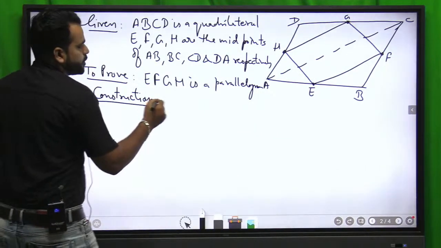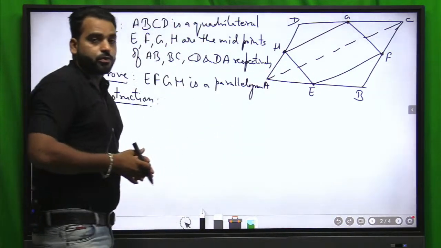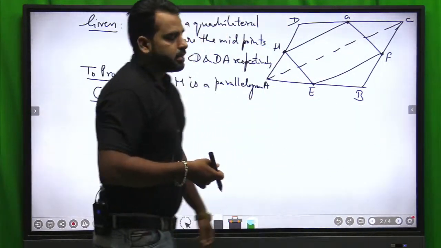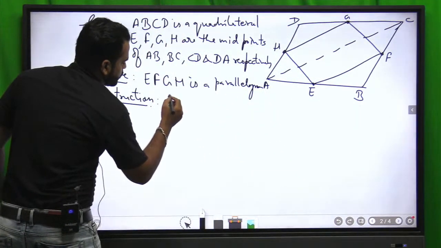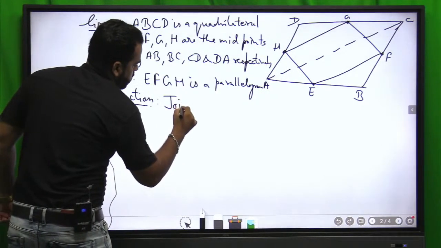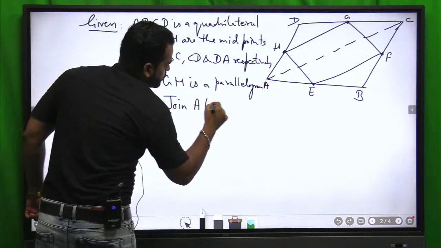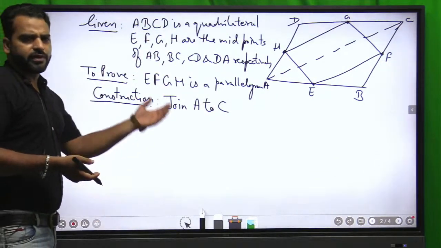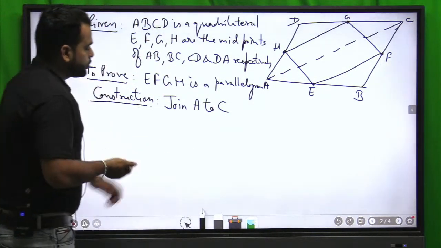For that we join A to C. This is not given in the question, we have to do it ourselves. We join A to C, and in this way you get the diagonal AC. So you can write: draw a diagonal AC.